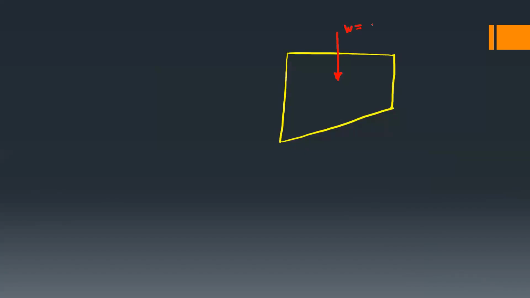This is the weight W, which is 150 into 9.81. Then this is the normal reaction offered by the vertical wall, which is N1. Then this is the friction force at the contact surface between the wall and the block, so this is 0.3 into N1.